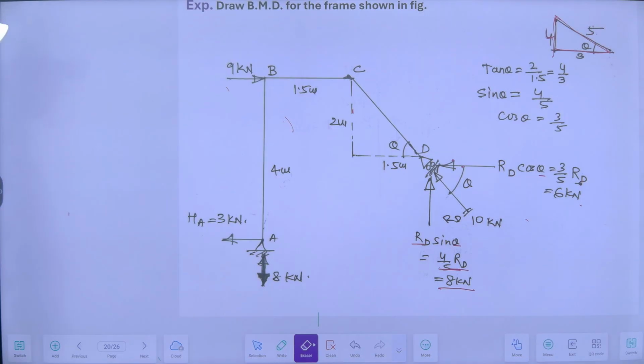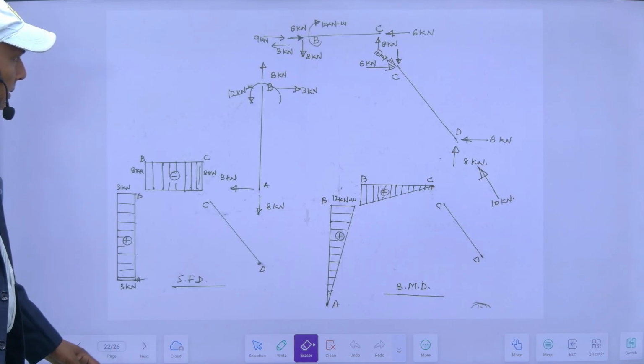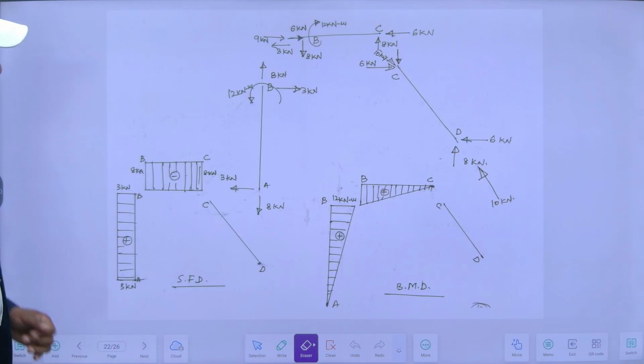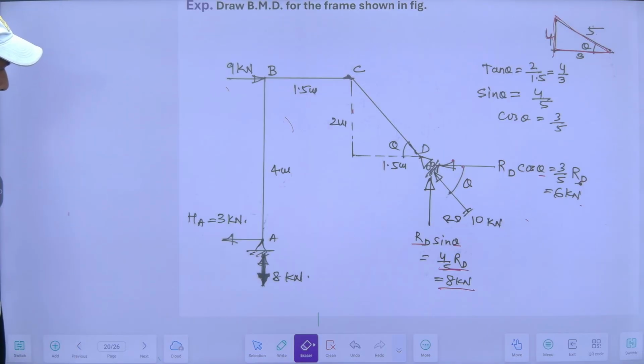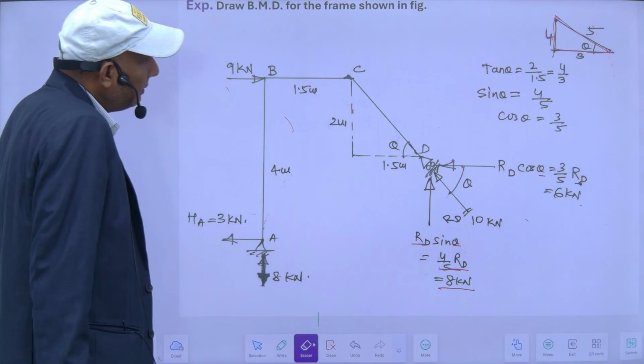So this is the free body diagram of this one. Let's start the free body diagram of CD. It will be like this.